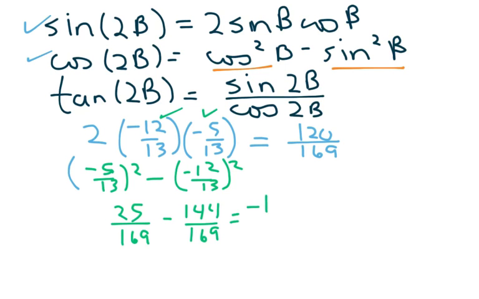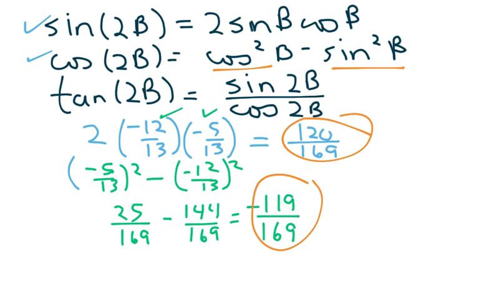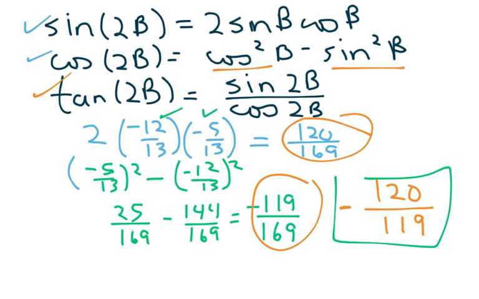That gives us negative 119 over 169. Now, when you divide these two for tan of 2 beta, we're going to get 120 over negative 119. I'm just going to pull the negative out front to make it look nice, and we are done. Because if you divide these two, the 169s would have canceled.